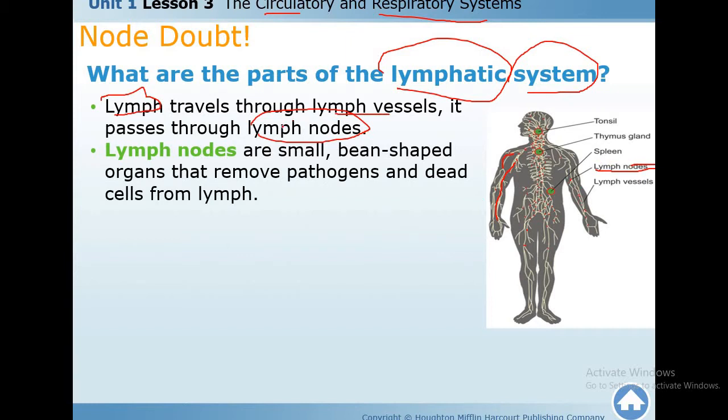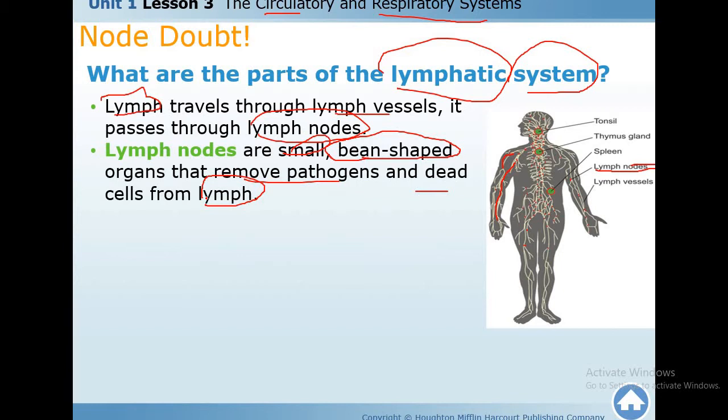Okay, lymph nodes are a very small organ, and pin shaped. It's not oval or circle shaped. Their function is to remove pathogens, such as bacteria and viruses, and dead cells from the lymph.